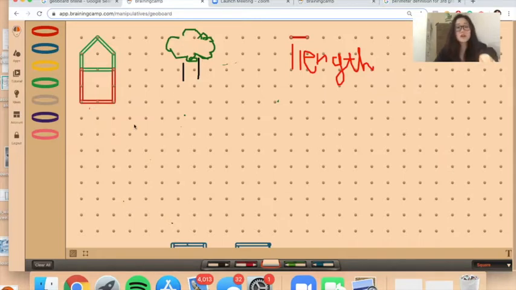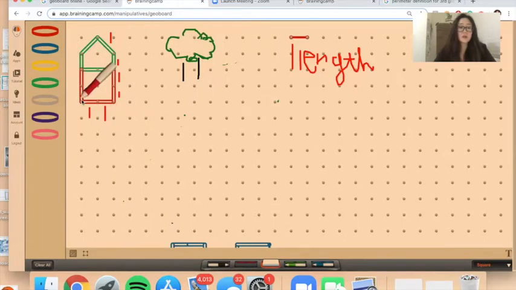All right, so if the problem said, find the total perimeter of this house, we would know that from this first peg to the second peg, it would equal 1 length, that we'd go around and we would label the lengths of this house.